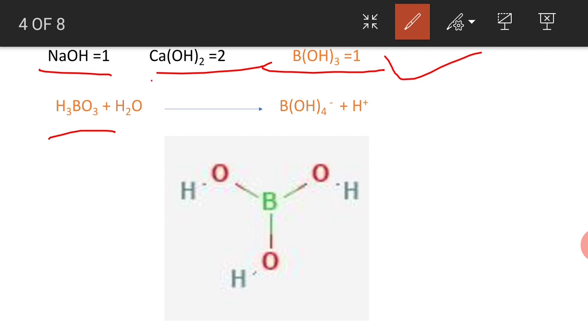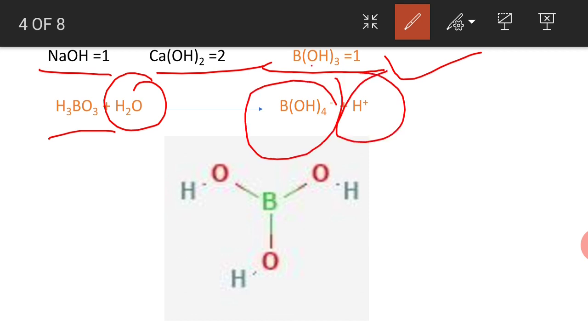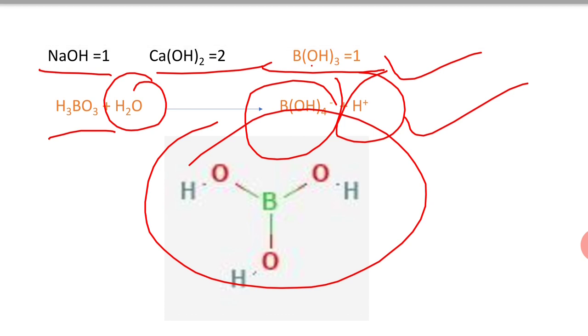Why? Because when we dissolve it in water, we get 1 H plus ion and B(OH)4 negative. That's why it has N factor 1. It takes the H plus ion from water, not its own H plus. And this is the structure of boric acid.